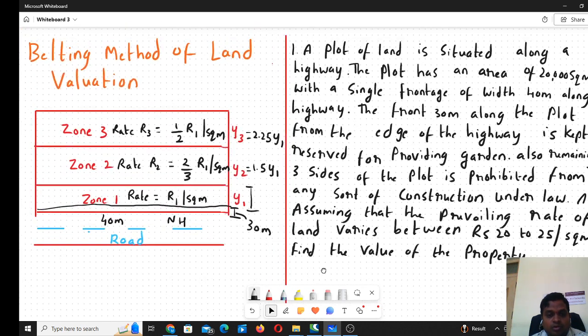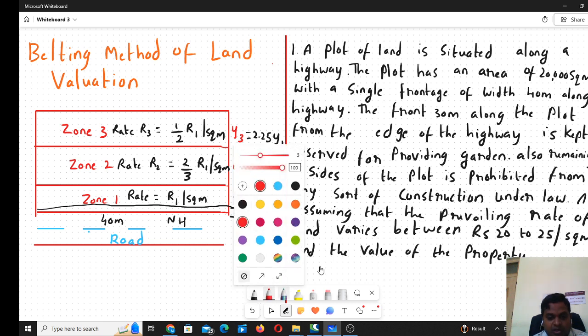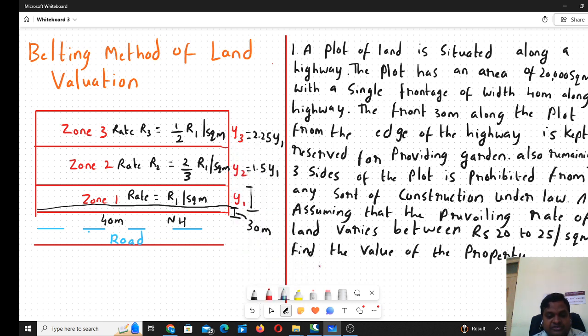Now, for the solution, we know the total area which is given. The total area is 20,000 square meter.